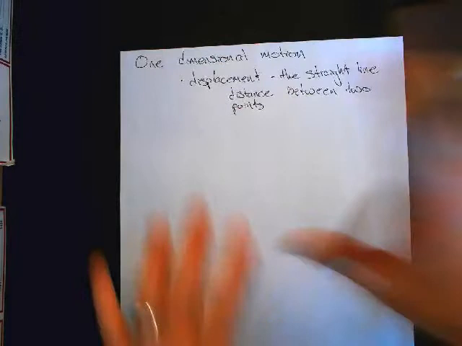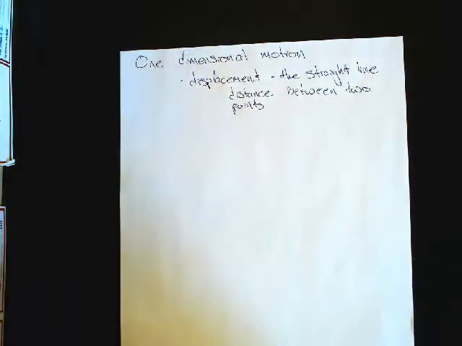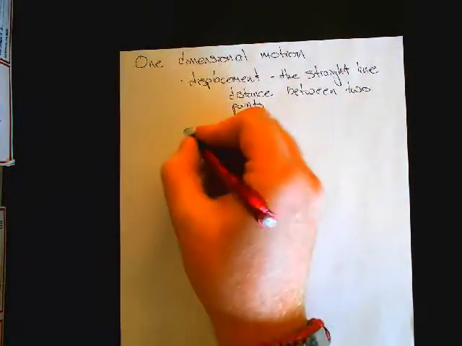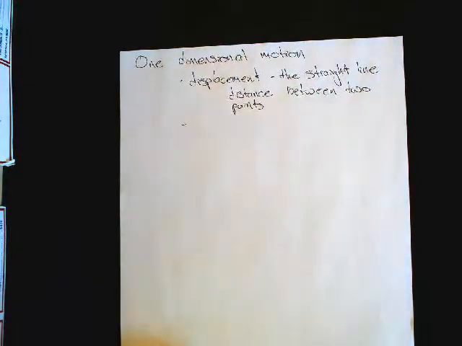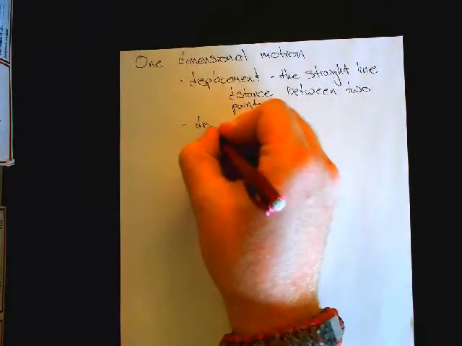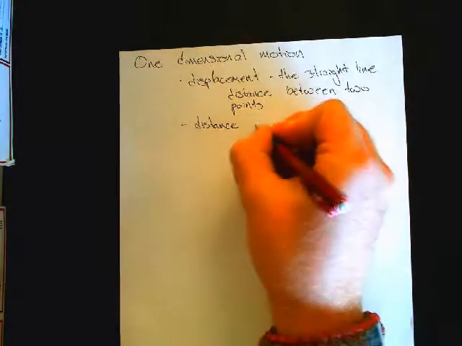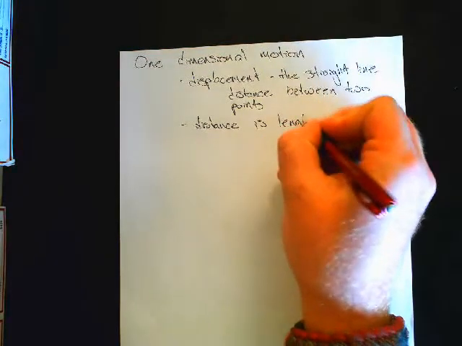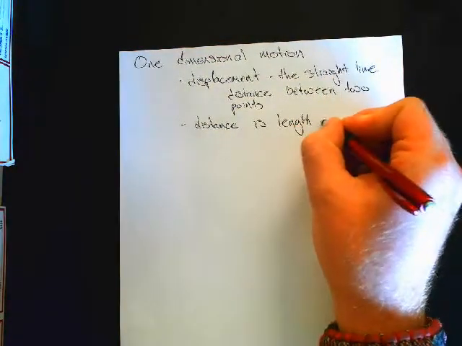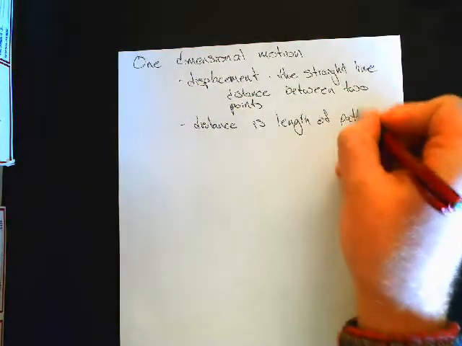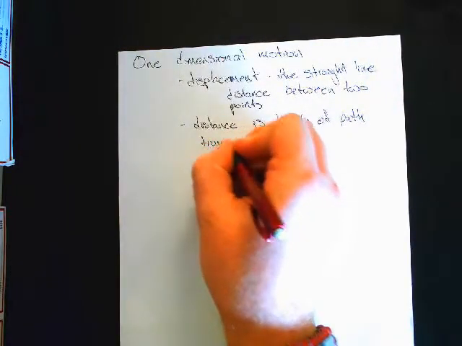All right, so displacement, straight line distance between 2 points. Distance is the length of the path traveled.